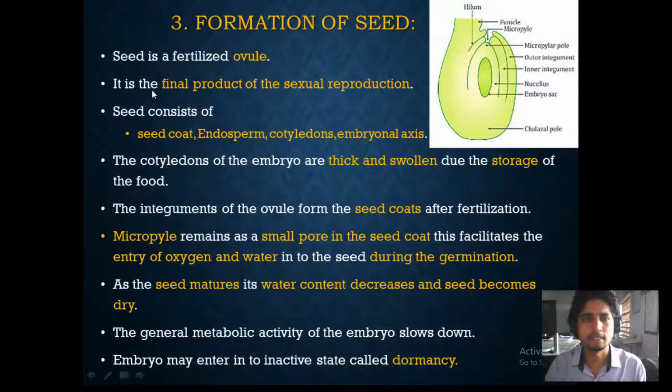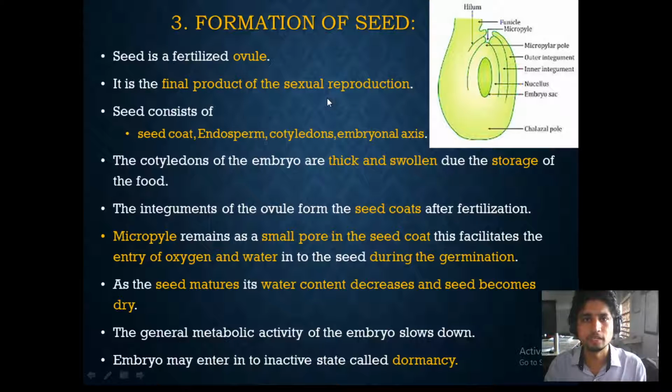This seed has various components: the seed coat, which is formed from the integuments, the endosperm, which is present within the embryo sac, and the cotyledons. In dicots there are two cotyledons, in monocots only one, and there is also the embryonal axis in the embryo formation.